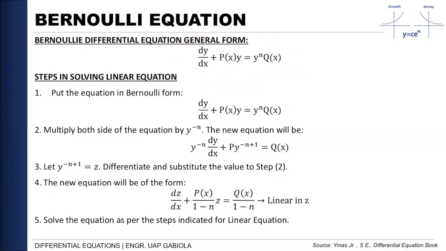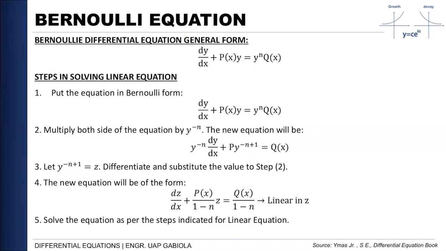Meaning, our left side is linear in y, because we only have the first derivative and our y is raised only to 1. But on the right side, our dependent variable is raised to a value greater than 1. So, it is no longer linear.